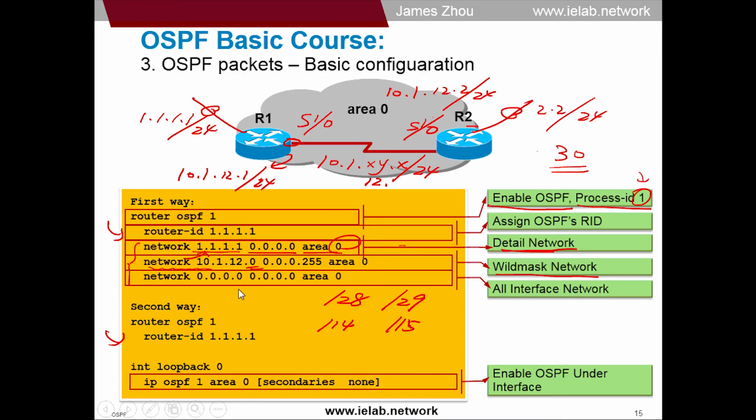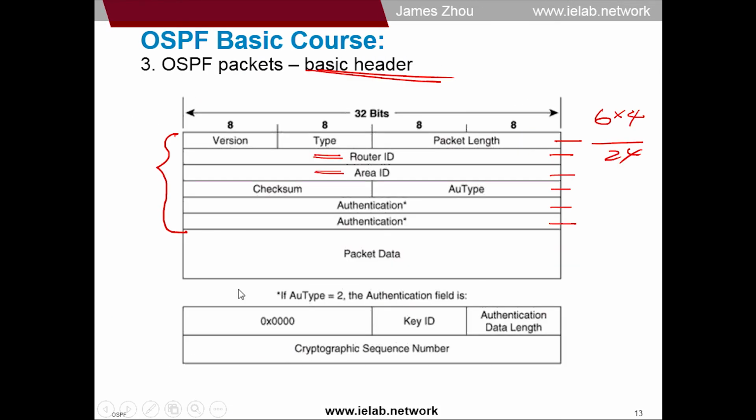Why? We can see the slash before. The area ID is actually 4 bytes, so we can use dotted decimal format. So we need to know how to translate.